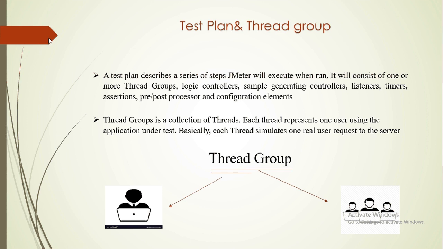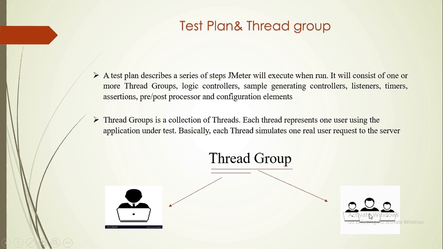Thread group, as the name suggests, is a collection of threads. Each thread represents one virtual user. So if a thread is a single virtual user, then a thread group is a collection of virtual users. Instead of real, physical users, JMeter simulates a number of virtual users, and these virtual users will interact with our servers.